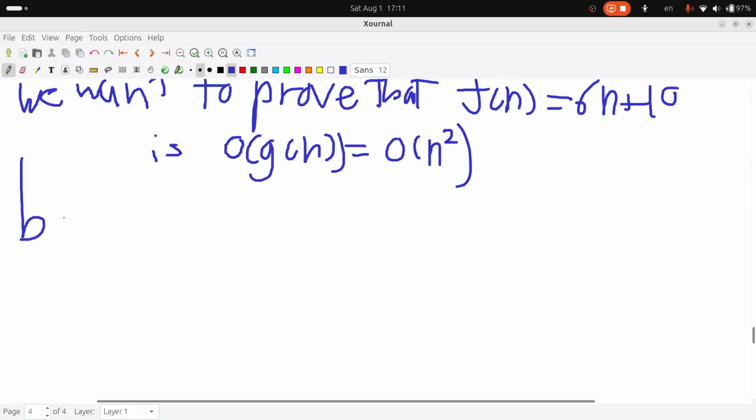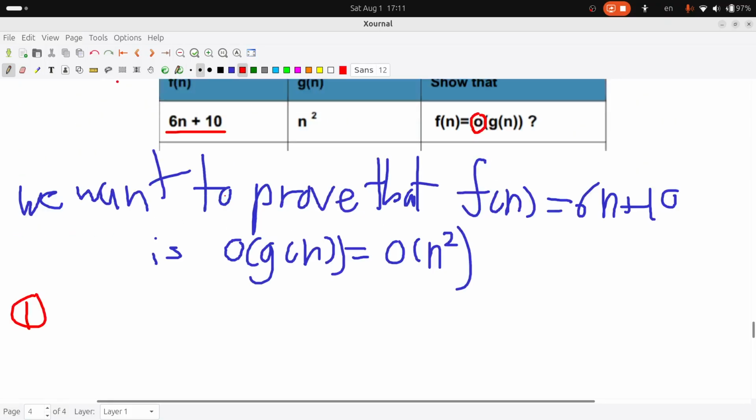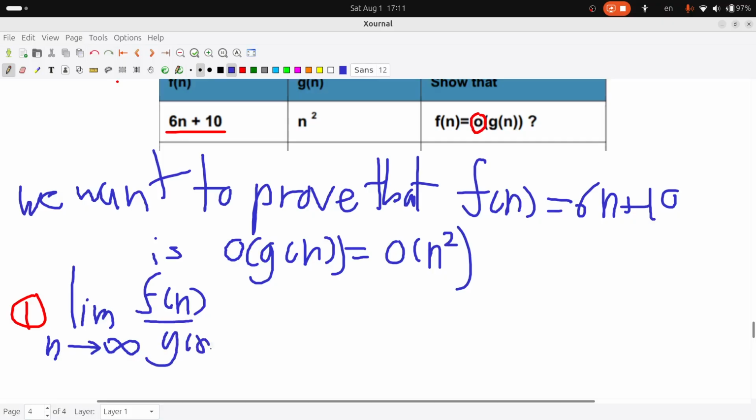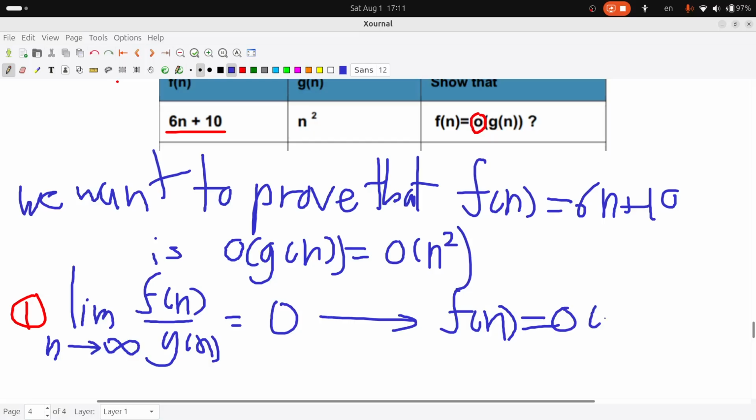The first method you can check with: the theory says that if the limit as n approaches infinity of Fn over Gn is equal to 0, then Fn equals little o of Gn.